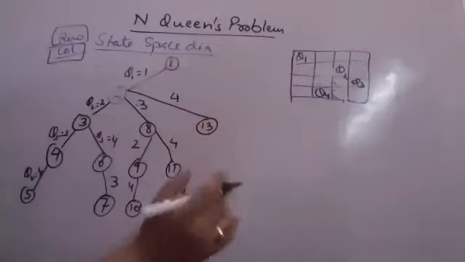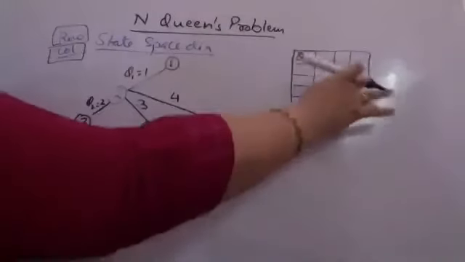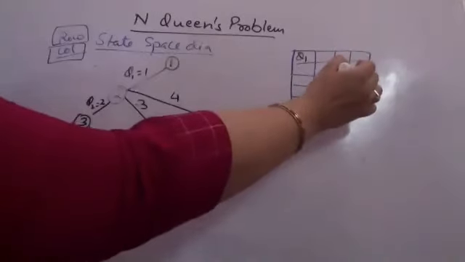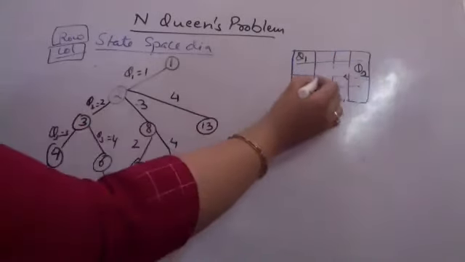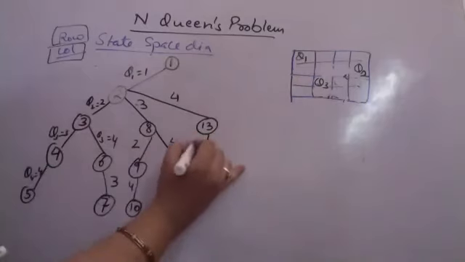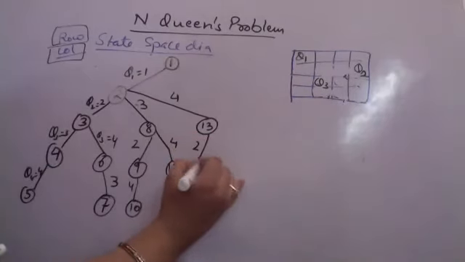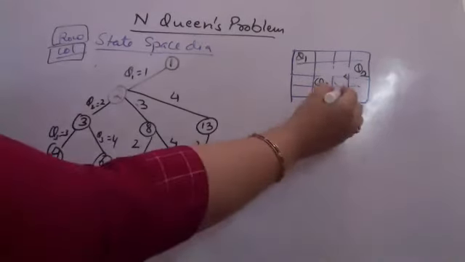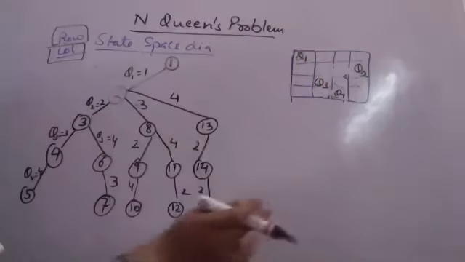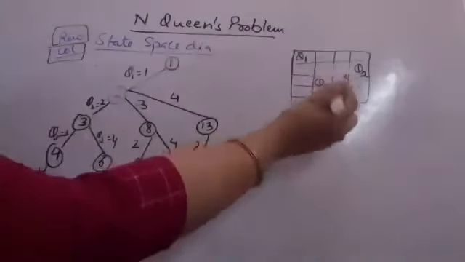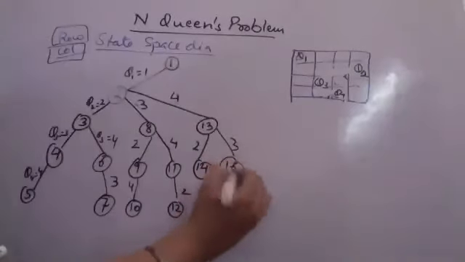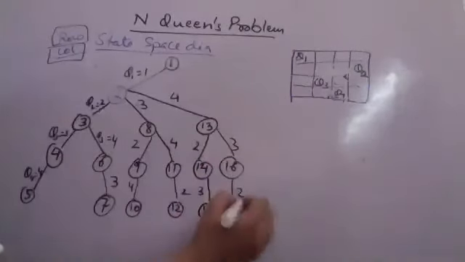When Q2 has been moved to column number 4, then Q3 can be put in column number 2 and Q4 can be put in column number 3. Only one possibility. Again move back, try another position of Q3 which is column number 3, and another position of Q4 will be column number 2.